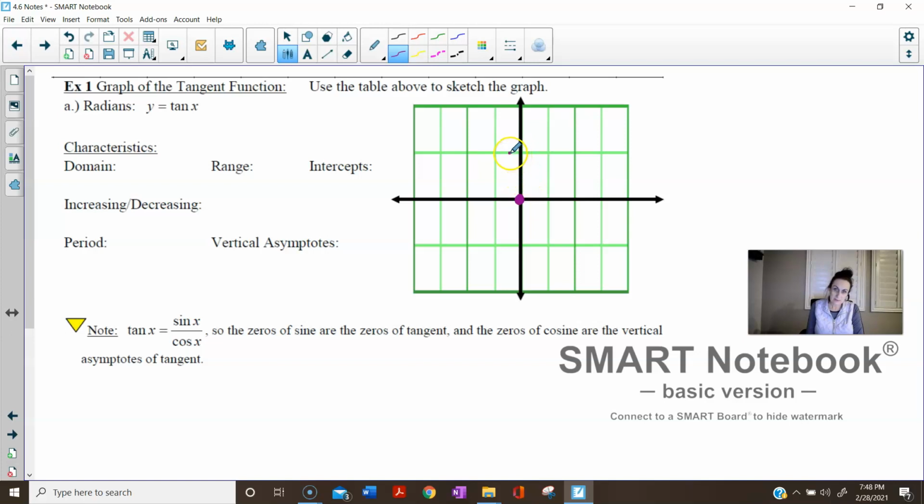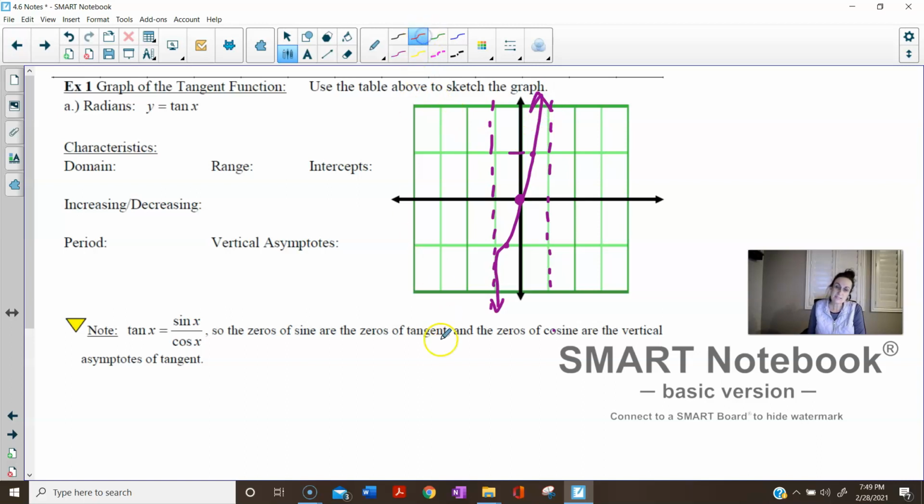And so if you're here at pi over 4, you'd be up 1. And then the tangent of pi over 2 is undefined. So this is your asymptote. And at negative pi over 2, it would also be undefined. And then this would be down here at negative 1. And so here's what your tangent graph looks like.